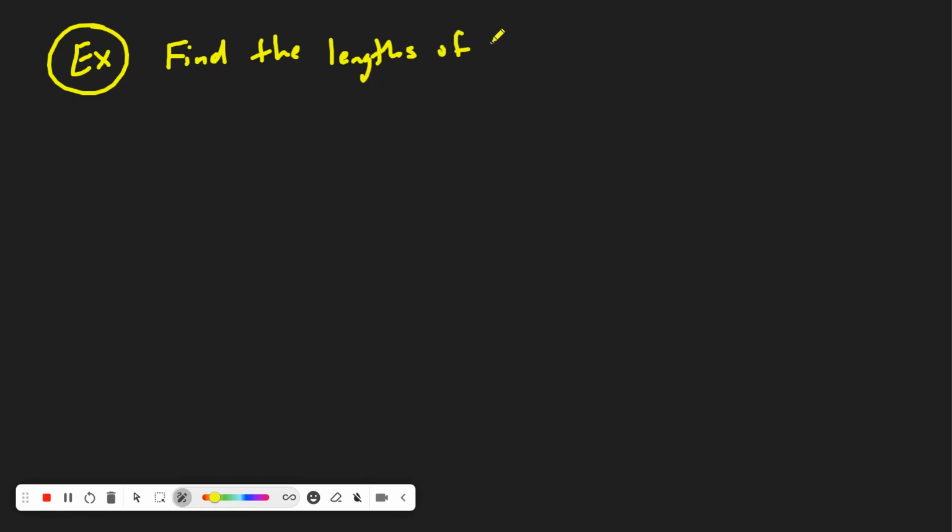Our first example here is I want you to find the lengths of triangle A prime, B prime, C prime. Here is going to be triangle ABC. I'm going to make it a right triangle just for ease.